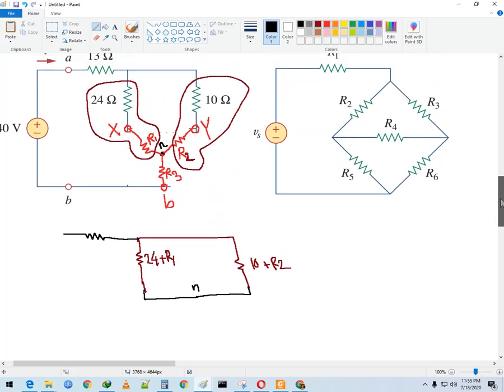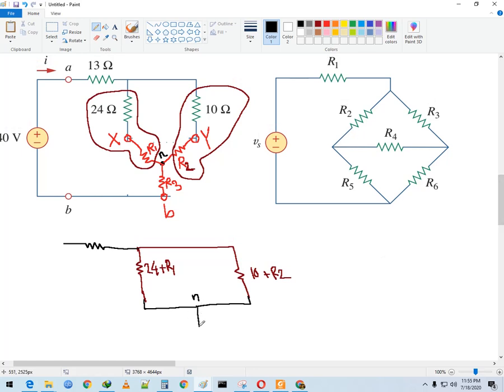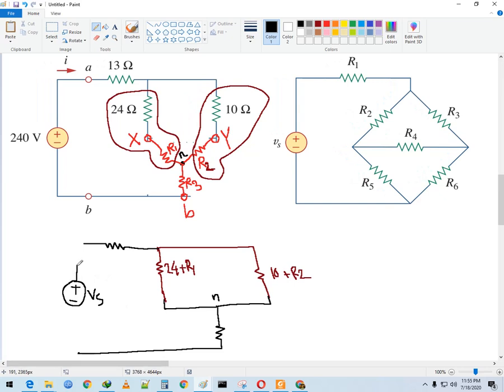From N we have R3 that is connected from N to the node B. Now we have this 240 volt source, or whatever the value is, that is Vs, which is 240 volt. This was 13.